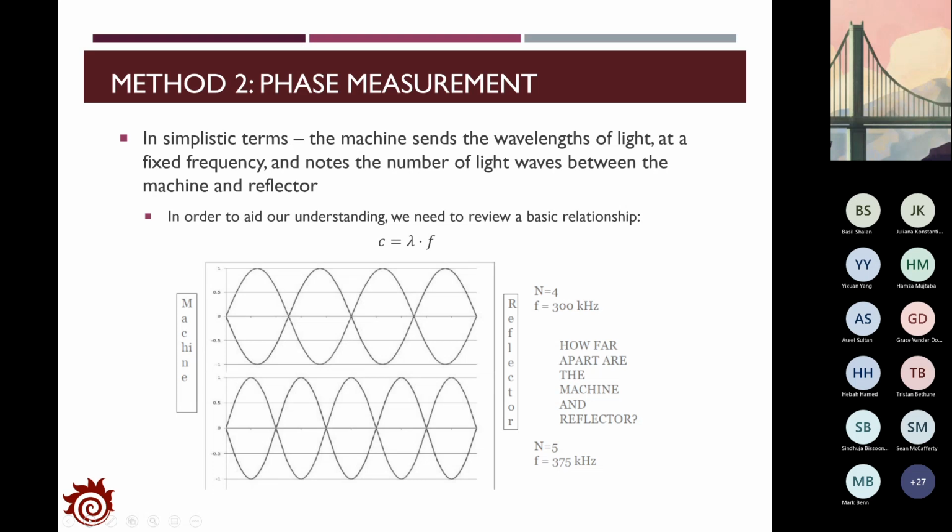So this is the fundamental idea about it. For example, if we have a wave sent to the target and reflected back, and we know the length of the wave. So here lambda is the length of the wave.